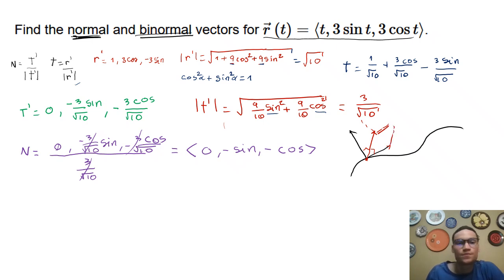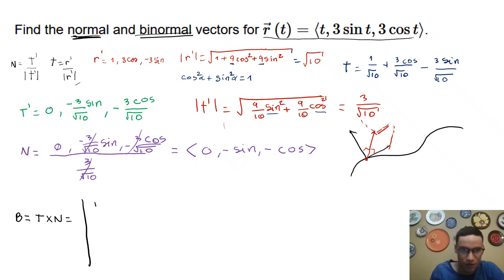And how do we find the binormal vector? Red, now black again. We do the cross product of the tangent vector and the normal vector. So the binormal vector will be the tangent vector cross product the normal vector. So we construct the matrix here.